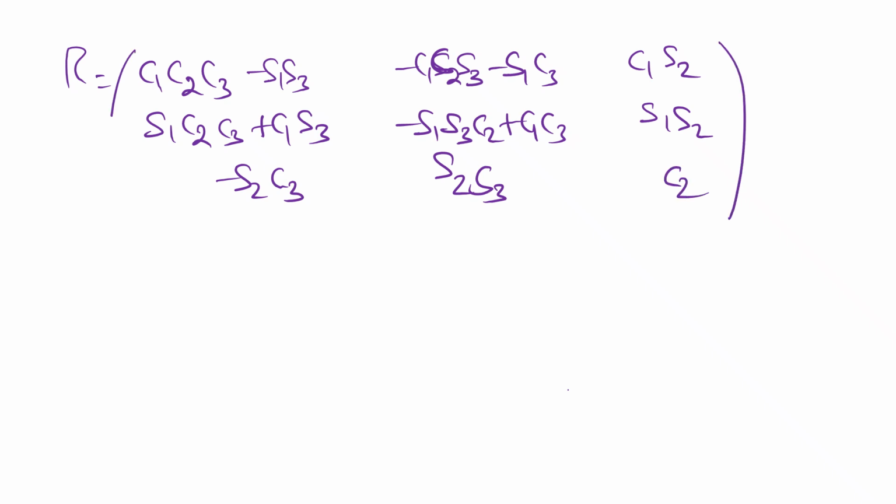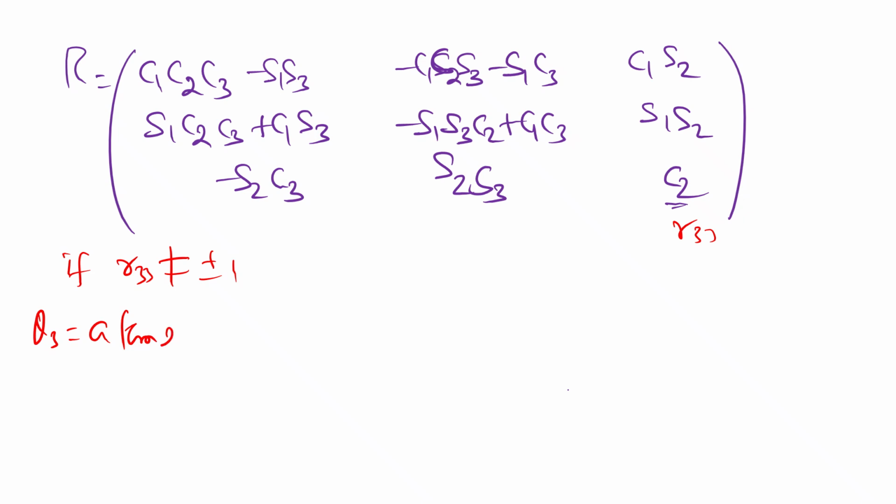Okay. So again, this one can be analyzed. Let's say this one is R33. So if R33 is not equal to plus or minus 1, what happens? For theta 3, arctan 2 of, here you have sine 3, and I can say this is R32.